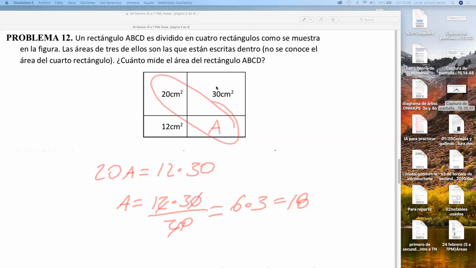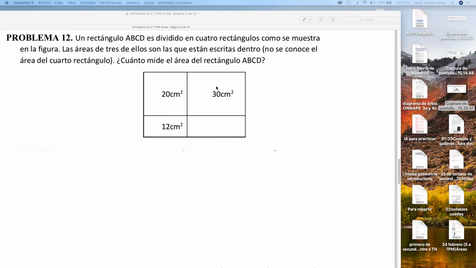Okay? This is a property that we can use in every problem that has rectangles, okay?